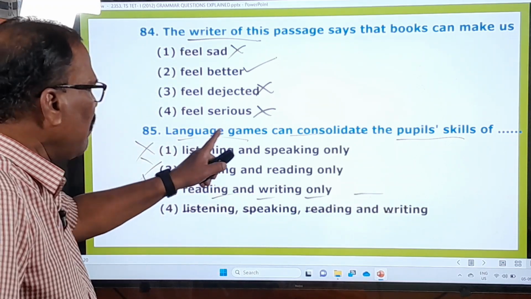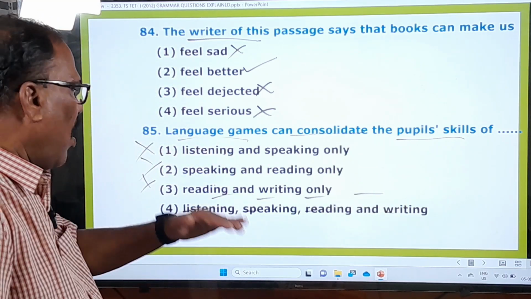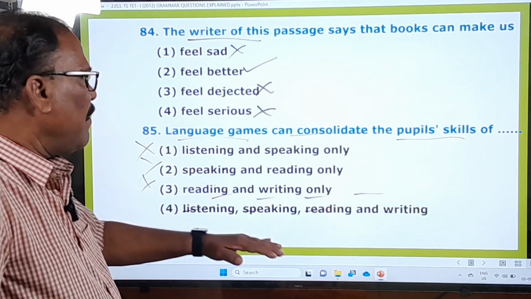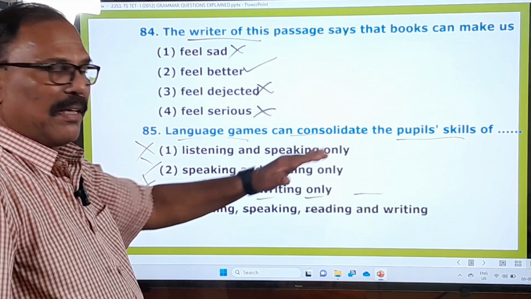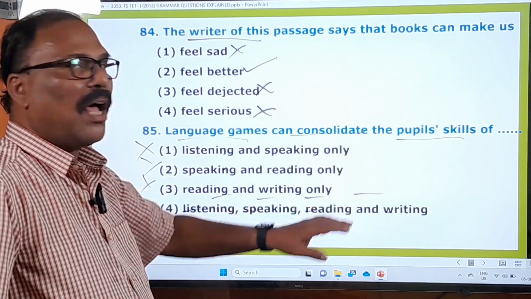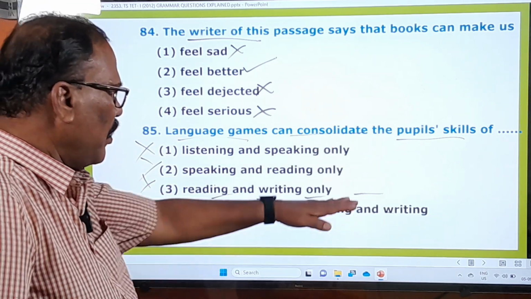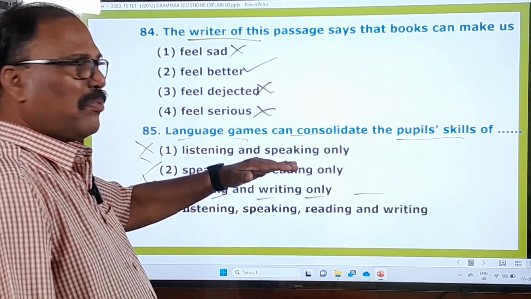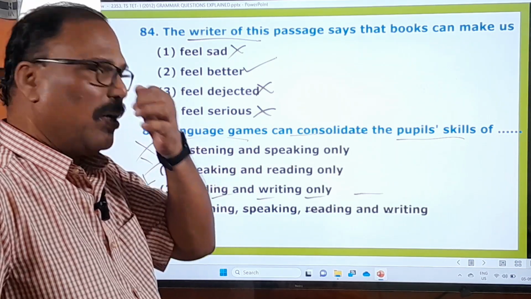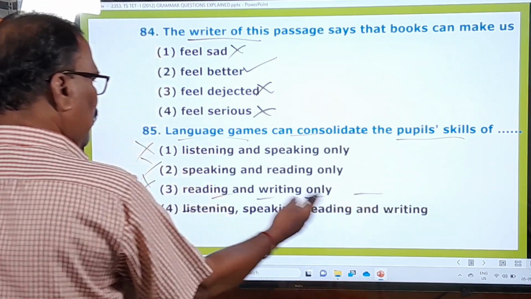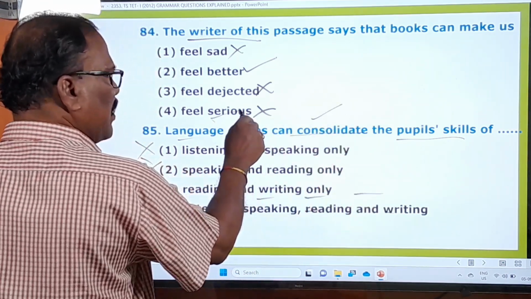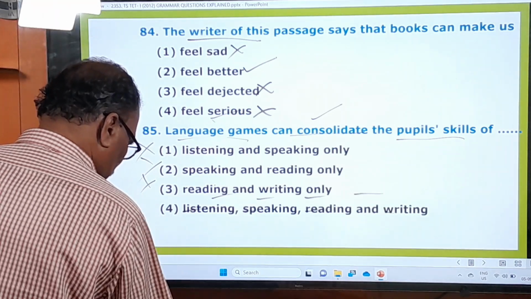That means language games are built on these 4 skills, because they aim at improving and developing these 4 skills among the children. పిల్లల్లో ఈ 4 స్కిల్స్ పెంపొందడం కోసము ఈ లాంగ్వేజ్ గేమ్స్ అనేవి రూపొందించబడుతున్నాయి. So these 4 skills are consolidated in the language games. Right. Now let's go to the next questions.